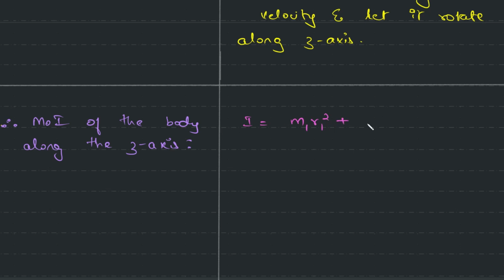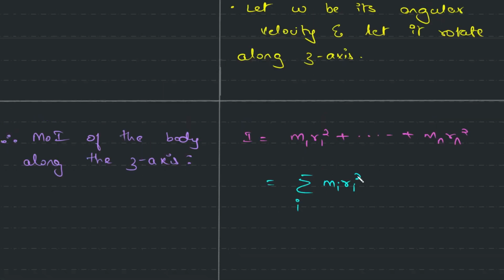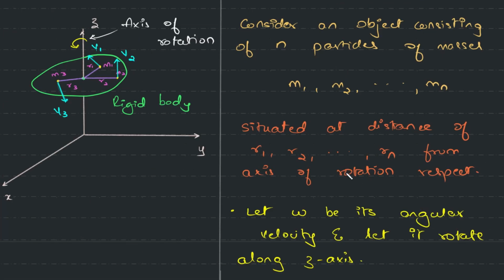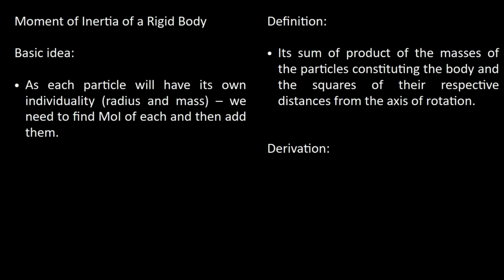We need to add all of them up, ... mn rn square. So basically I can represent this with I equals the sum of mi ri square. It's the same thing again and again, but anyways, I just had to show this. I showed it.